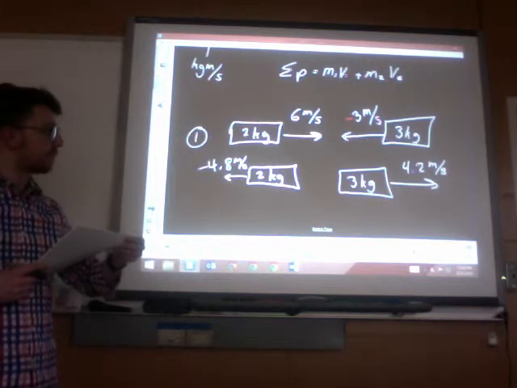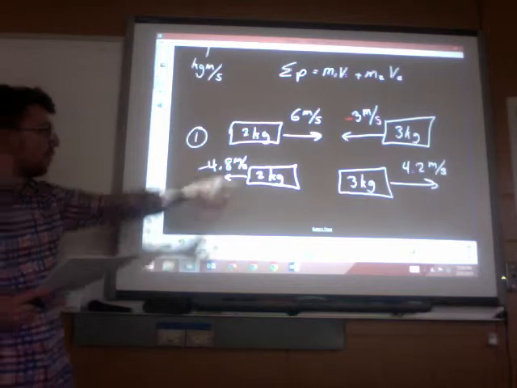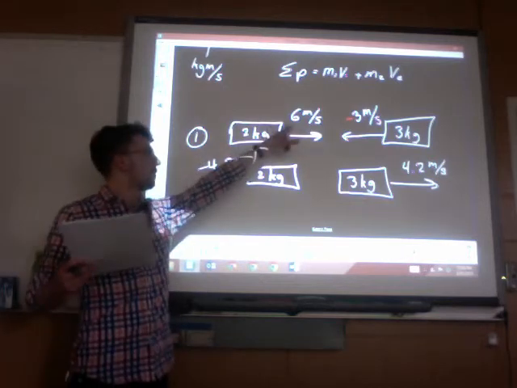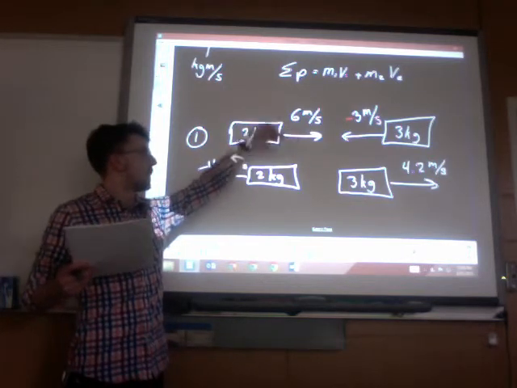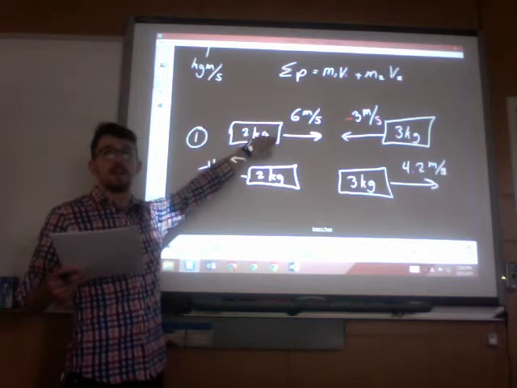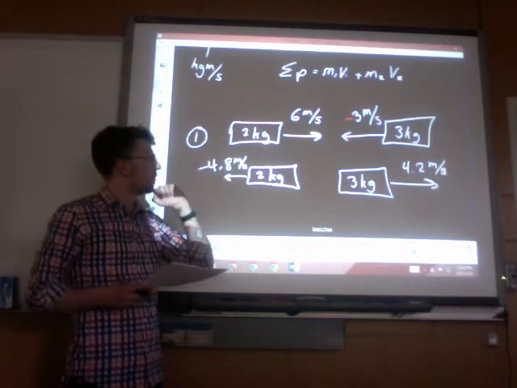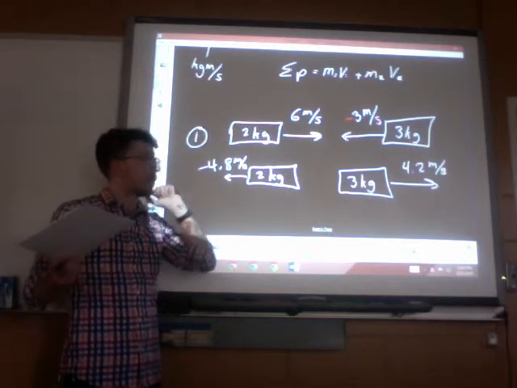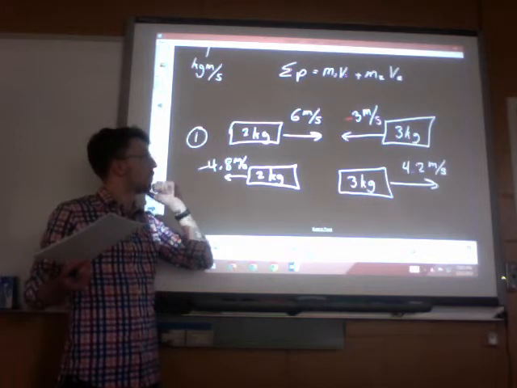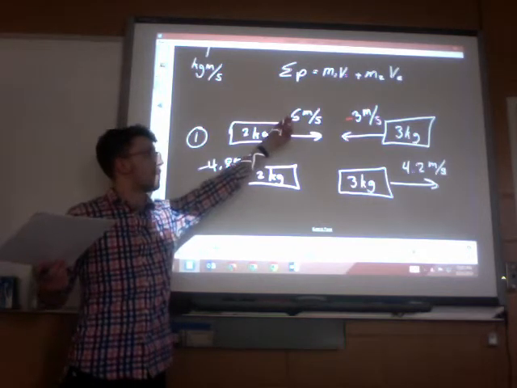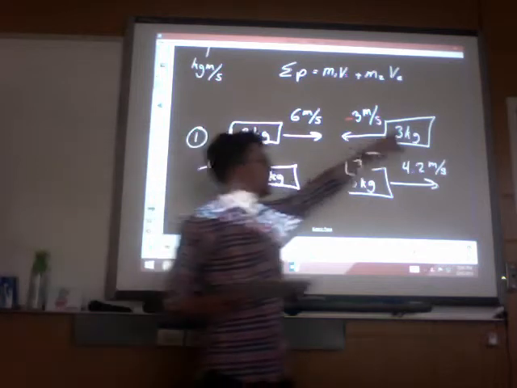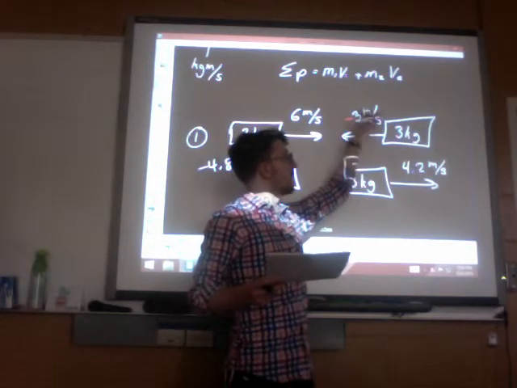So what math would I do to get the momentum of just this cart right here? Bless you. Multiply what by what? 2 times 6 would get the momentum of that one. 3 times -3 would get the momentum of that one.